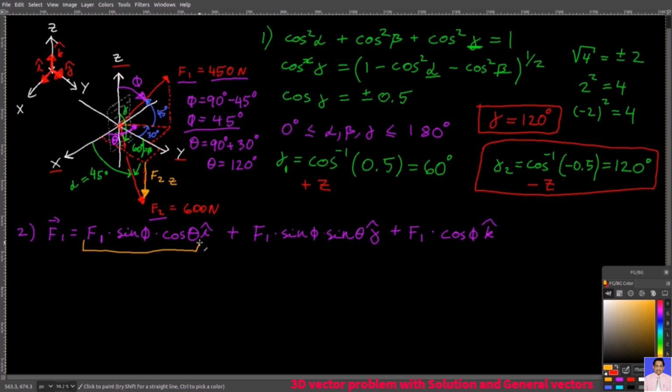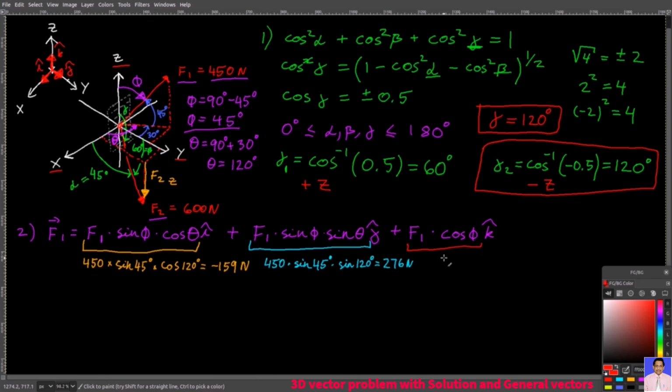So the x component of this F1 vector is 450 times sine 45 degrees times cosine 120 degrees, and that equals minus 159 newtons. Then the y component is 450 times sine 45 degrees times sine 120 degrees, that's 276 newtons. And finally, the z component is 450 times cosine 45 degrees, that gives you 318 newtons.